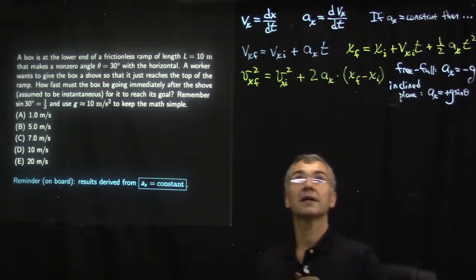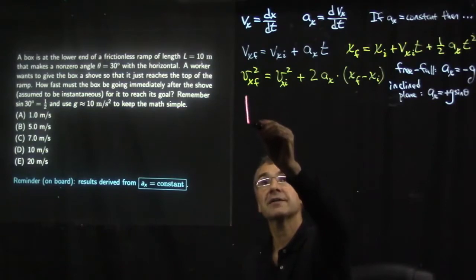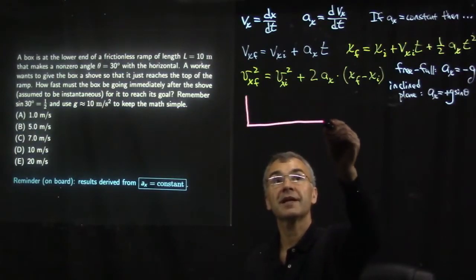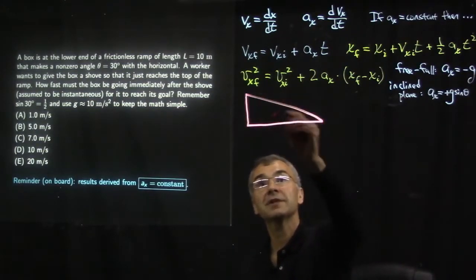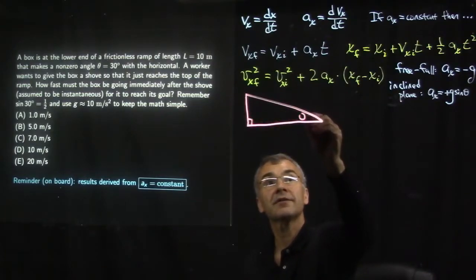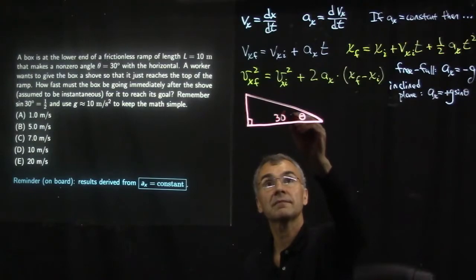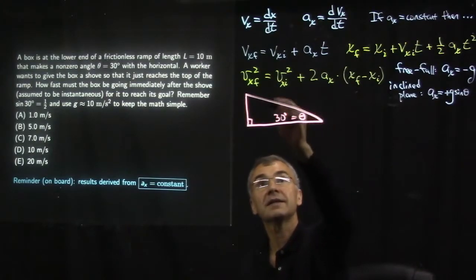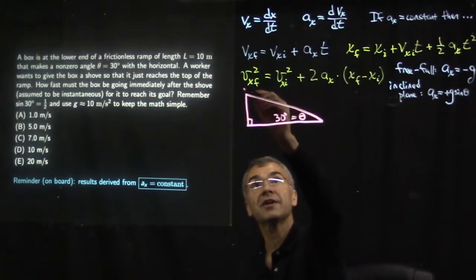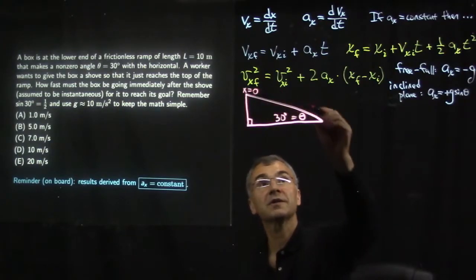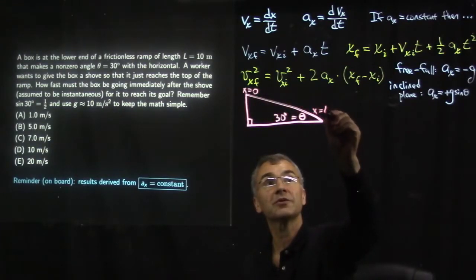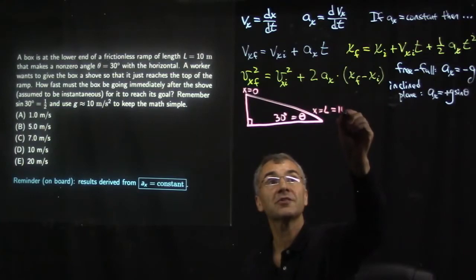So, it seems like we have an inclined plane here. Theta is 30 degrees. This is x equals 0, and this is x equals L, which is 10 meters.